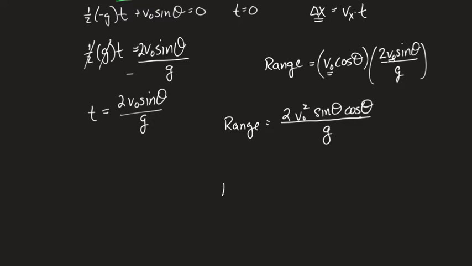But when I do this substitution, I get a function where I could solve for sine 2 theta, which means I could solve for theta on its own. The range equation is one of the only ways to find an angle that's required for a launch. It's one of the only ways. But we've done a whole lot of derivation here.